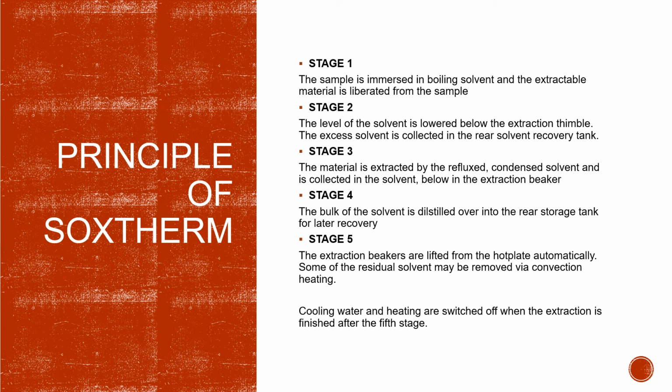And the last one, we go to stage 5. The extraction beakers are lifted from the hot plate automatically. Some of the residual solvent may be removed via convection heating. After finishing all of these 5 stages, the cooling water and heating are switched off when the extraction is finished.